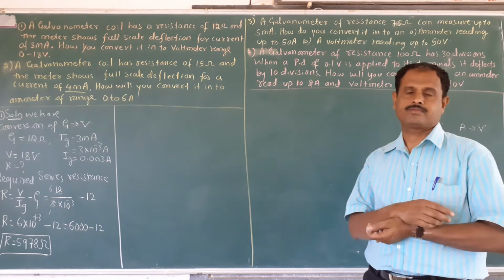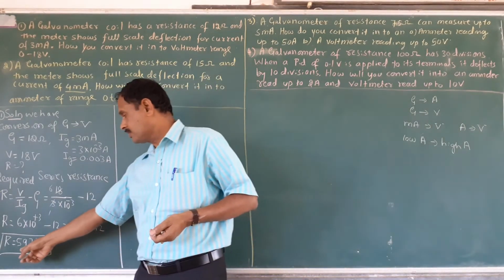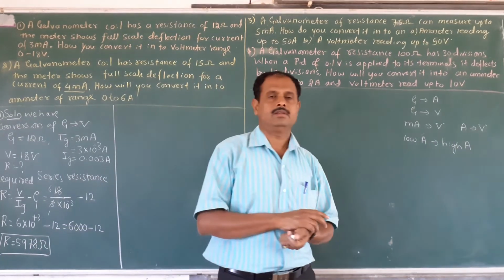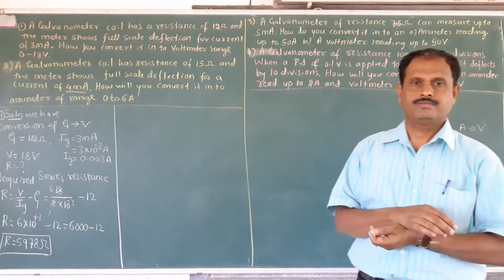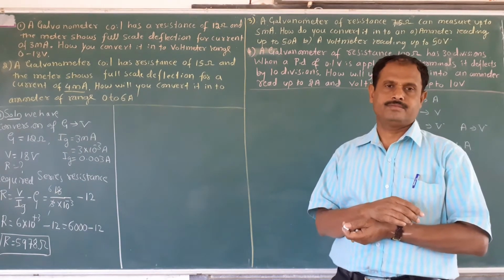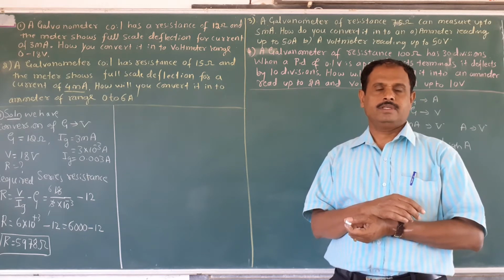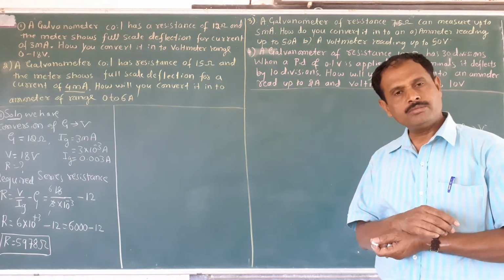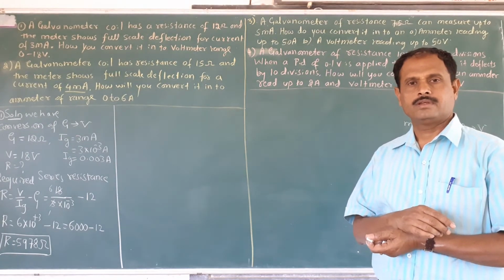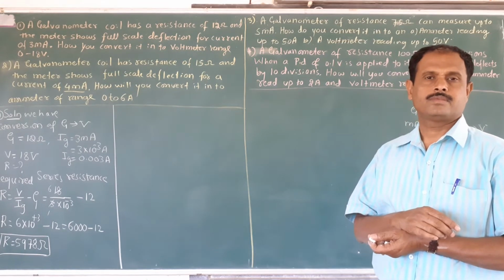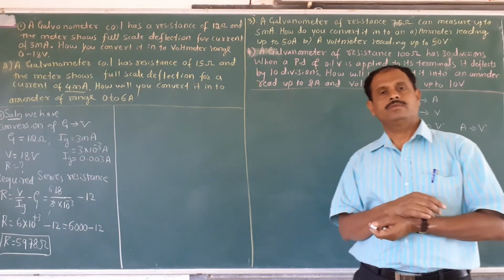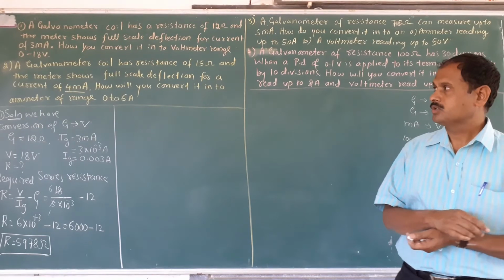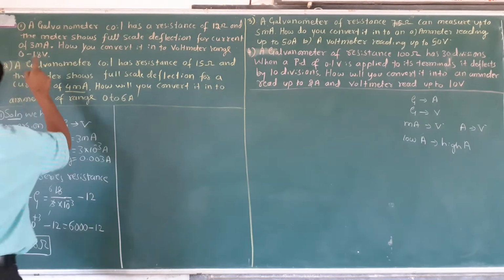When 5978 ohm resistance is connected in series to the galvanometer, then it is converted into a voltmeter of range 0 to 18 volt.